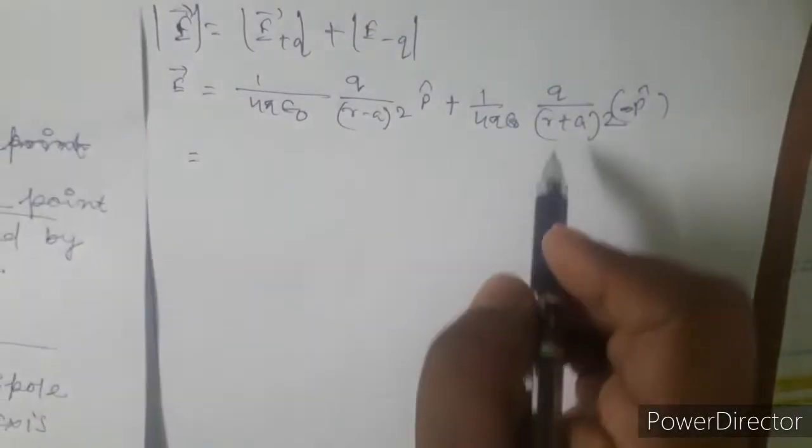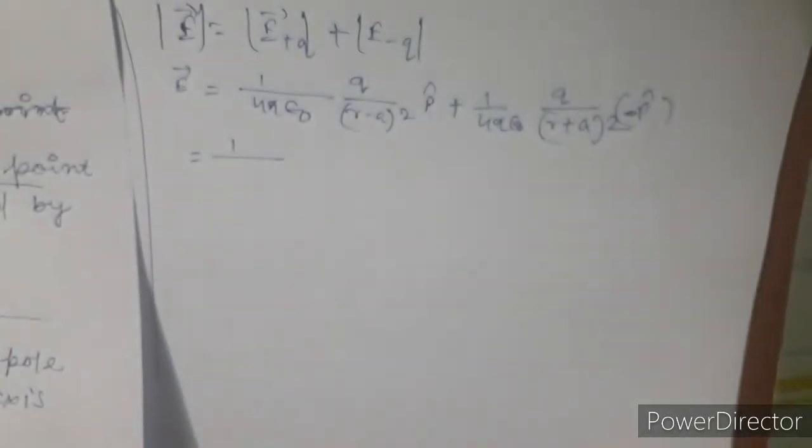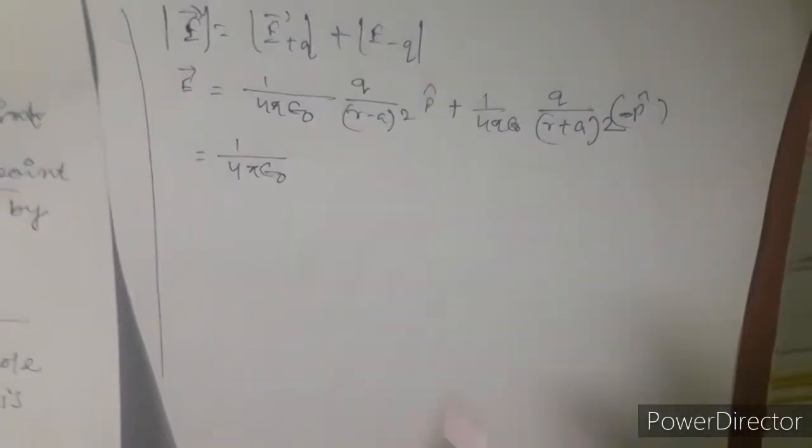So I'll write this as minus p cap. Now what will be the common factor? The common factor is 1 by 4 pi epsilon naught.